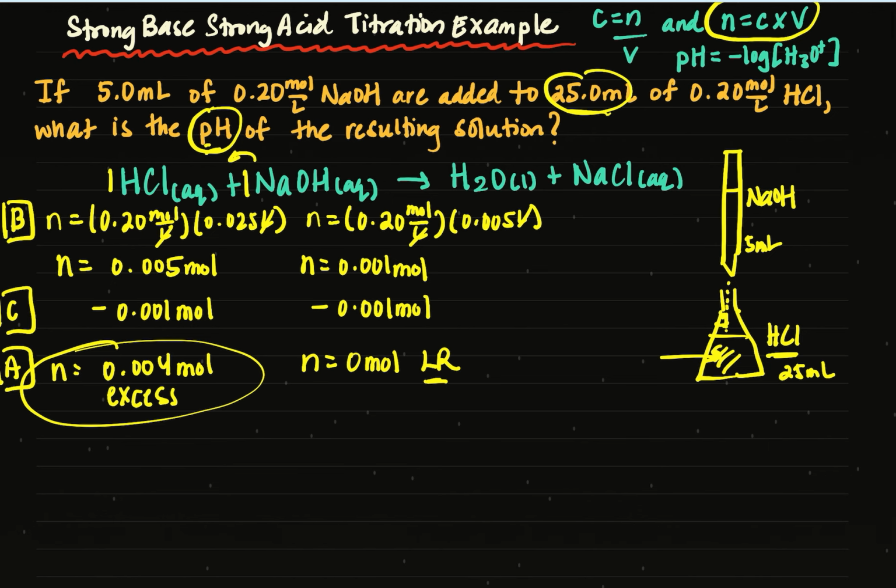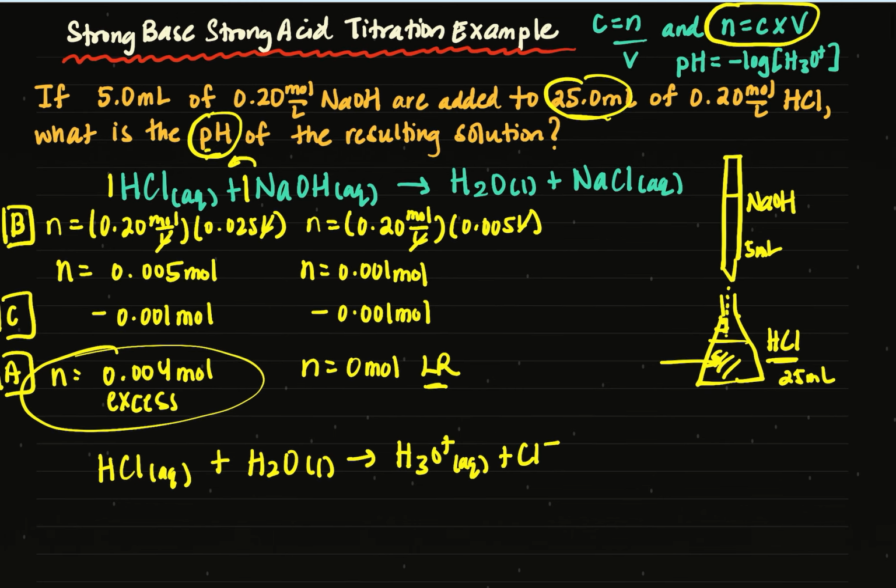So with that being said, let's take our excess reactant, which is HCl, and rewrite it as an equation. I'll do it as a Bronsted-Lowry. So HCl plus water produces hydronium, H3O+, and Cl-. So why am I doing that? Well, again, I'm being asked to solve for the pH. And as we can see, the formula for pH is the negative log of the hydronium concentration.